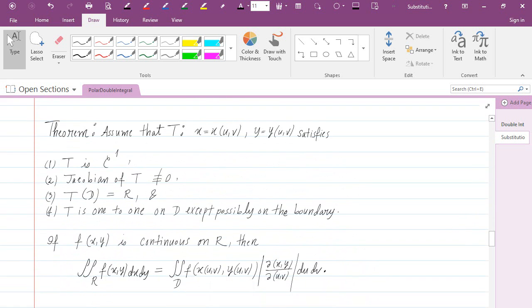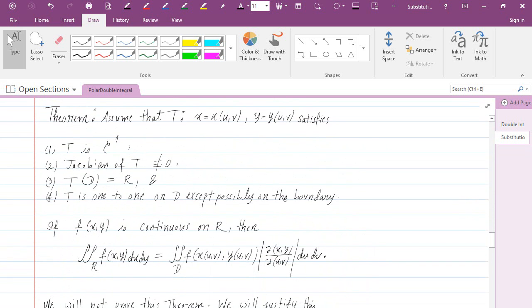So now I want to state the change of variables formula for double integrals. Assuming that T here satisfies 4 conditions, where the first one is that T is C1. This means that the partials of x and y are continuous.